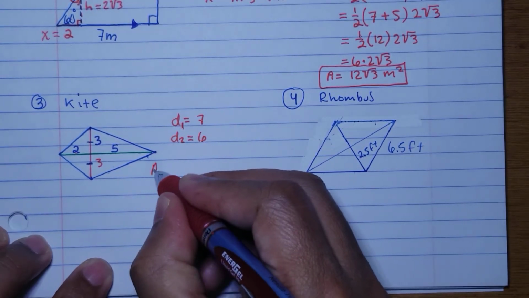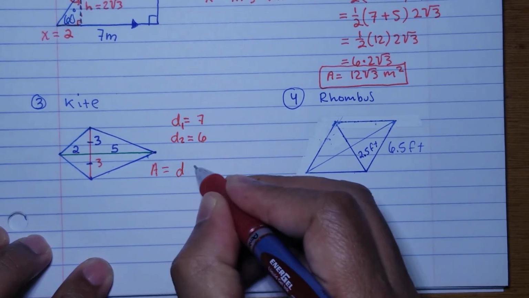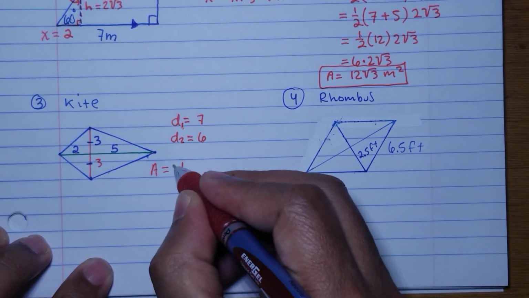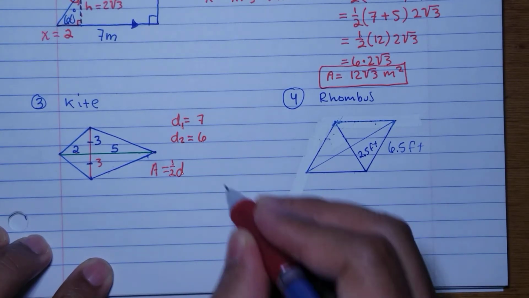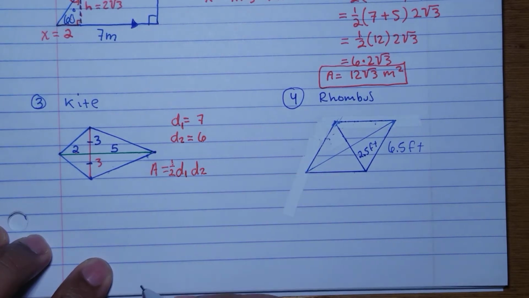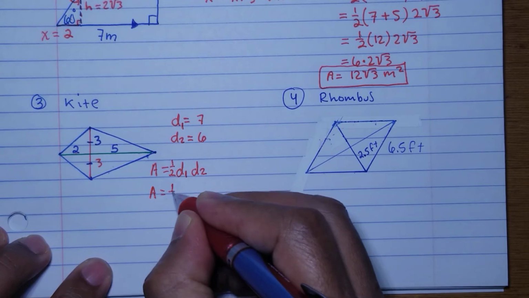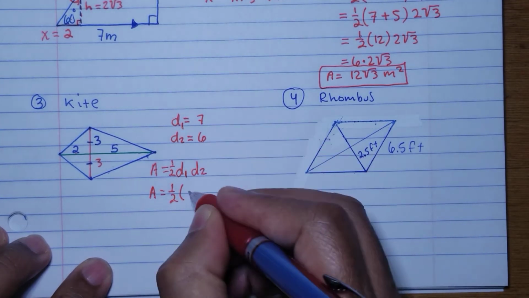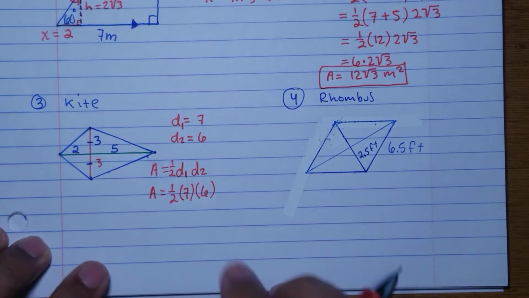To find the area of a kite or a rhombus, we take 1 half of diagonal 1 and diagonal 2, the product of diagonal 1 and diagonal 2. So then this area is equal to 1 half. Diagonal 1 is 7 and diagonal 2 is 6.